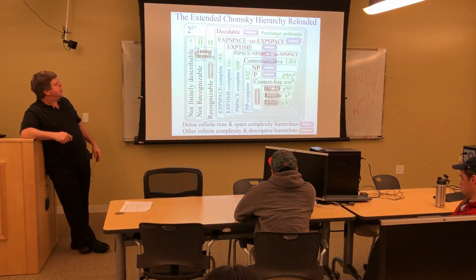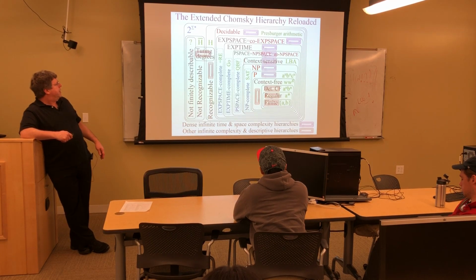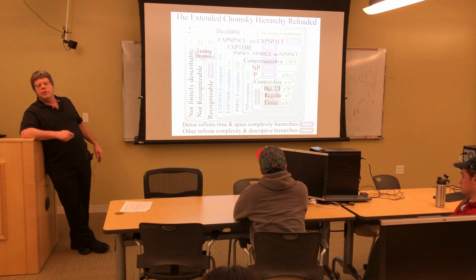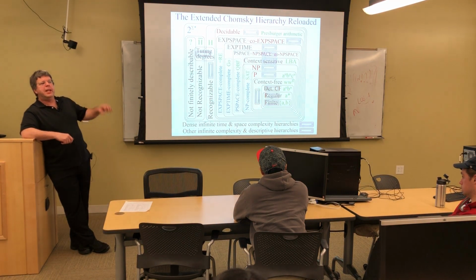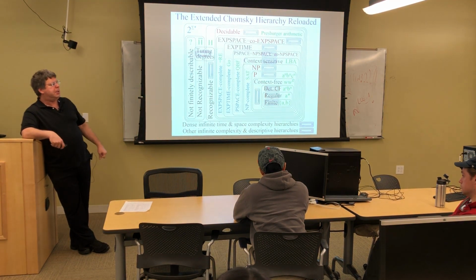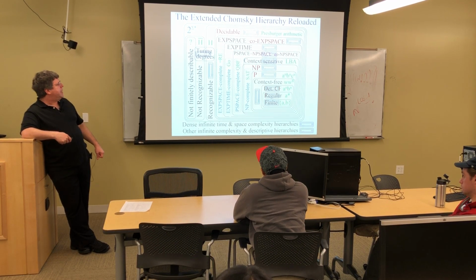There are a lot of problems we're trying to solve every day. For example, it turns out the game of Go, if you generalize Go to an n by n board, the ancient Asian game of Go, is exponential time complete, actually.